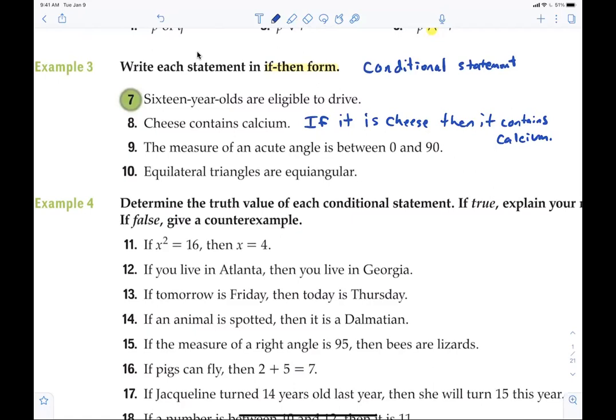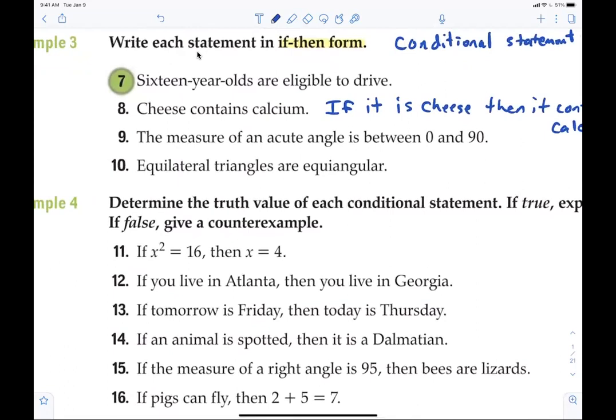Now I want someone to think about number 9, how you have to write this one. All right, Michaela. If it is an acute angle, then the measure is between 0 and 90. That's perfect, but I always try to tell kids to try to avoid pronouns. So I don't want to say if it. What is it that we're referring to?